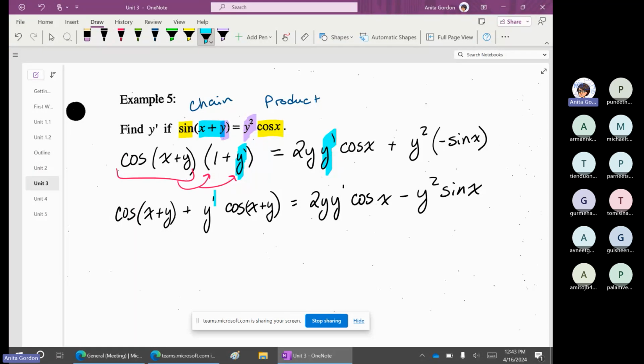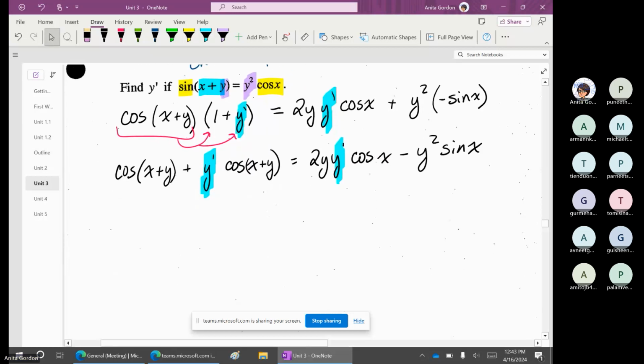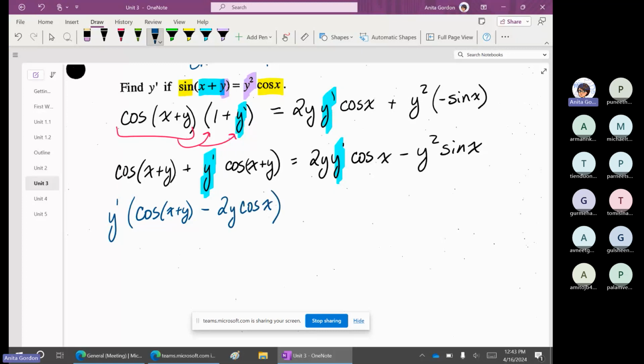Okay, and then I'm gathering the y primes and everything else on the other side. So y prime times bracket cos(x+y) minus 2y cos x, close bracket, equals negative y squared sine x minus cos(x+y).